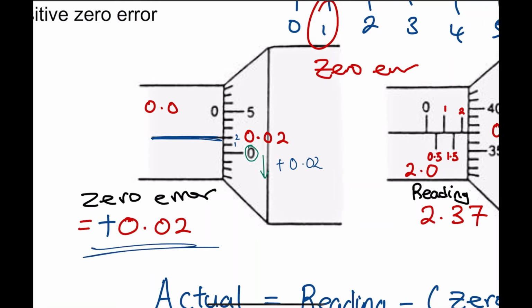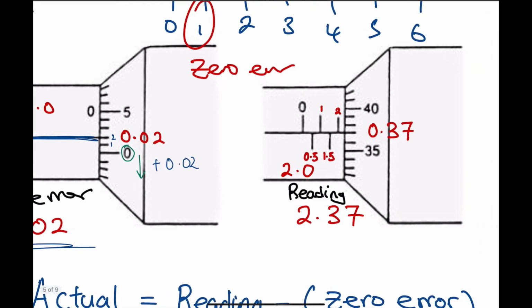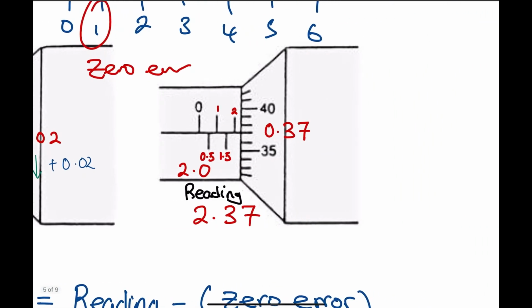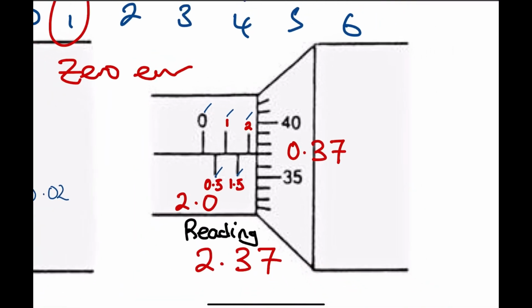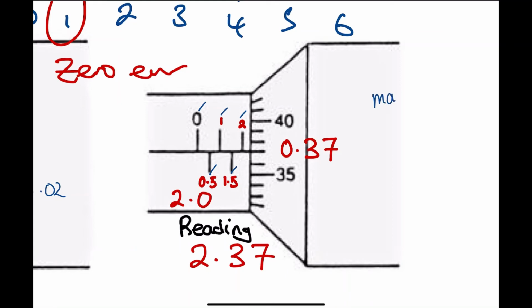Now to find my reading, I go again here, I read my main scale reading first, which is 0, 0.5, 1, 1.5, 2. I know that my main scale reading is 2.0 mm.